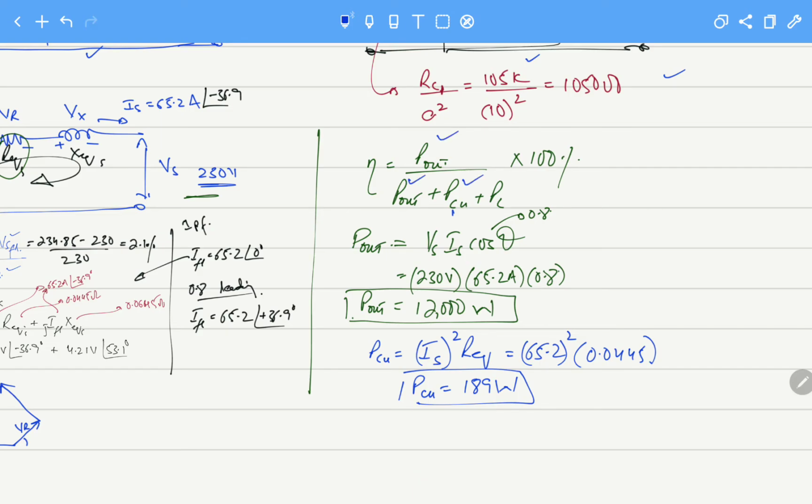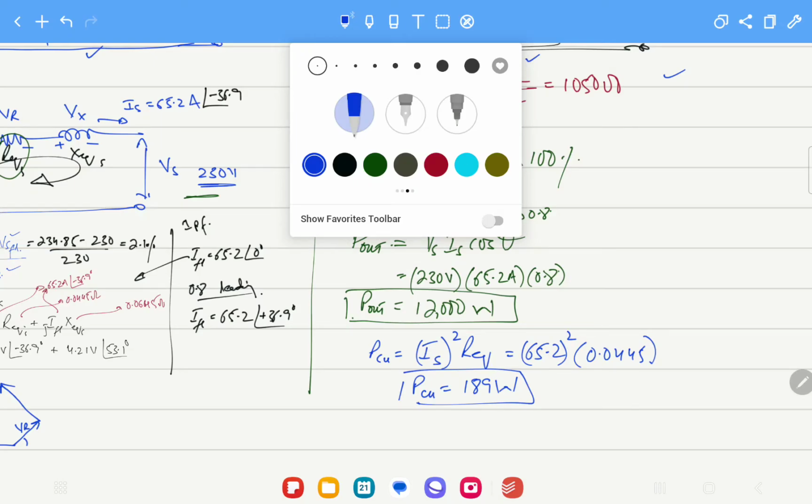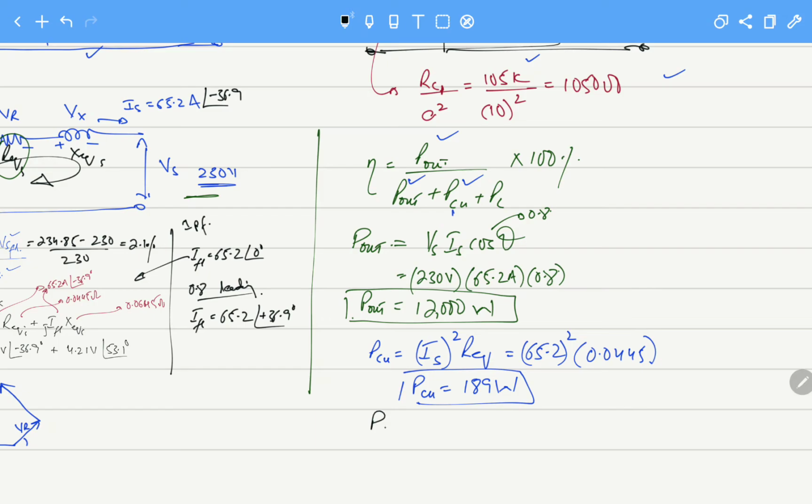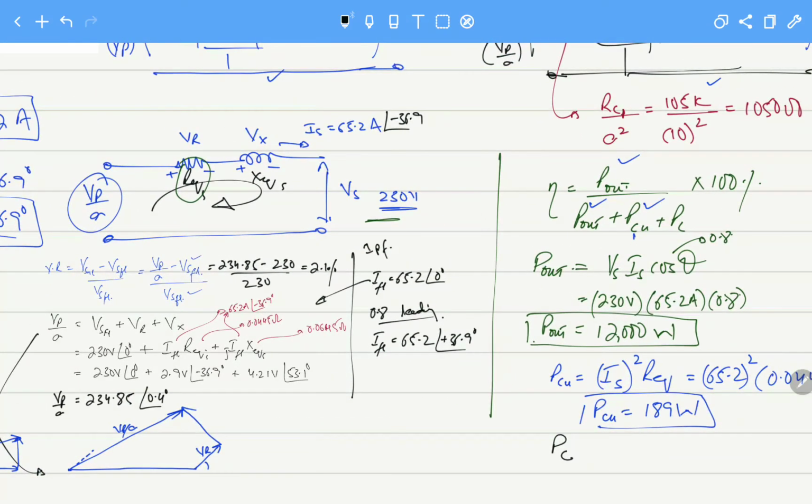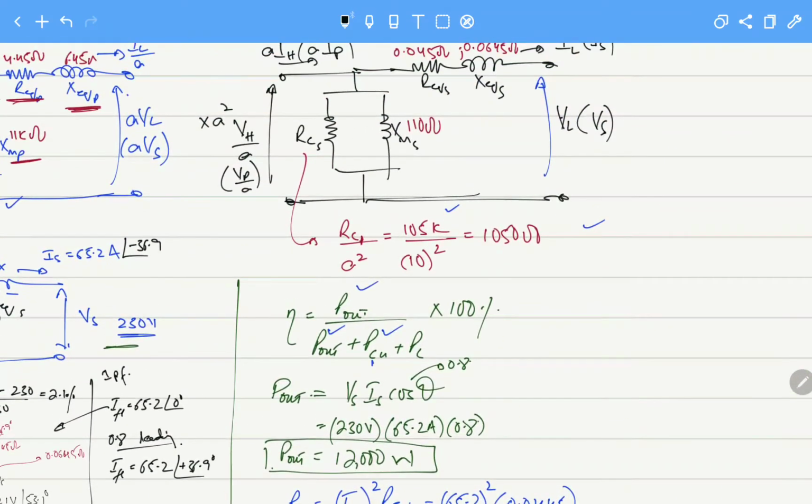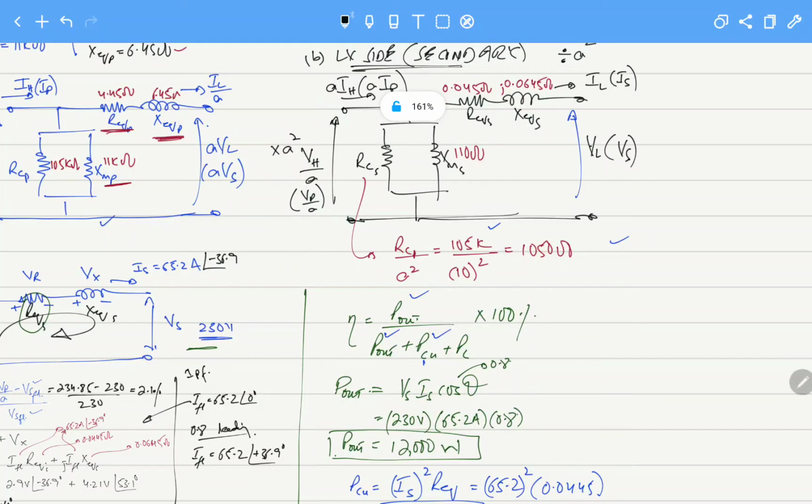Now we have to calculate the core losses. The core losses are the losses that are actually occurring in this area. Copper losses were occurring in the series impedance, and the core losses will be occurring here.